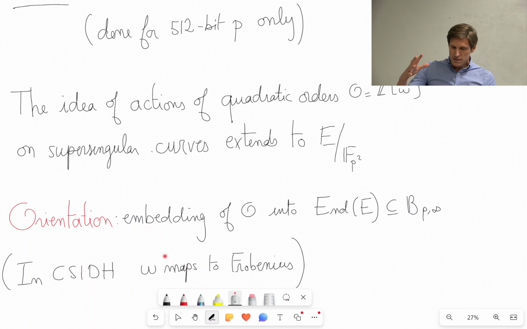Now, why is it potentially more interesting to have a broader variety of orders that could be mapped into the endomorphism ring? Because this group action then could be that of the class group of, say, an order that is strategically positioned as a suborder of a maximal order that has a much smaller discriminant.